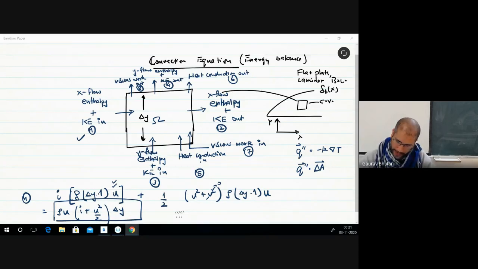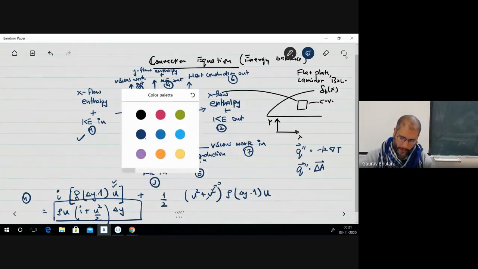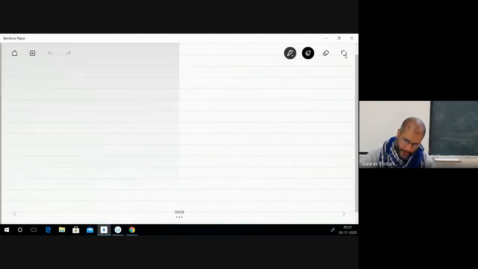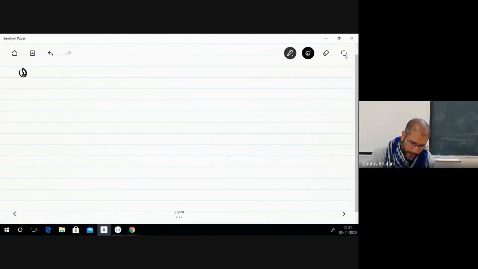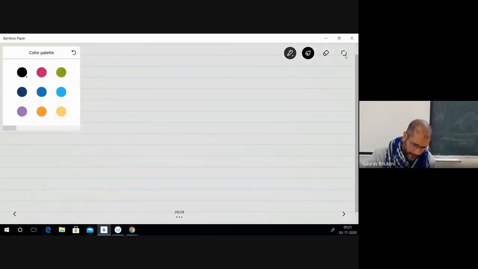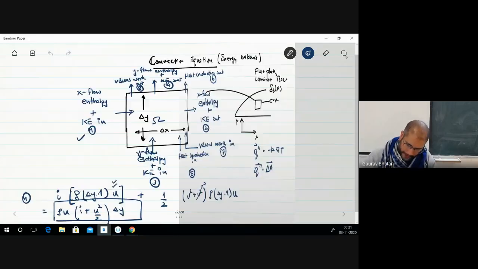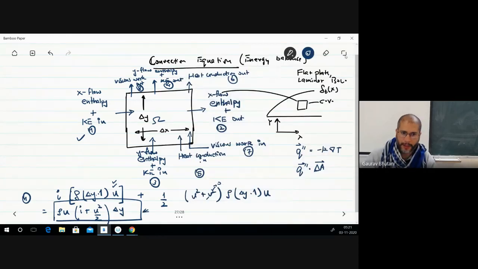Next, we write term number 2, but in this case, we use the same idea that we've used in the past. Since the control volume is small, for term number 2, we simply take this expression that we have, and then we add an infinitesimal expression of the same kind.